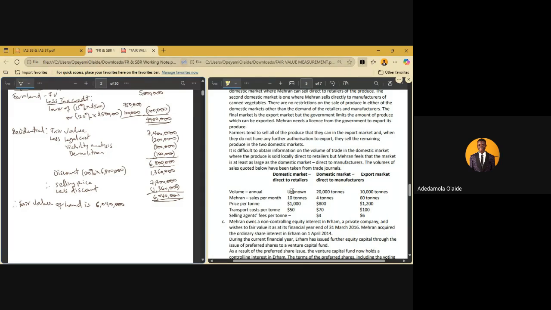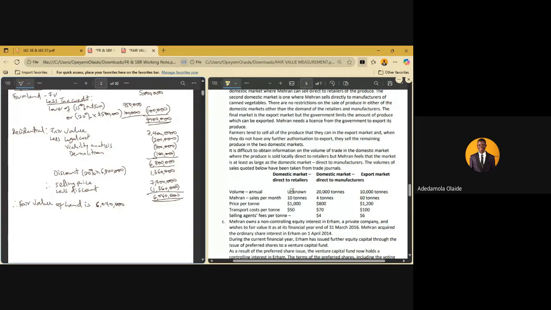It is difficult to obtain information on the volume of trade in domestic markets where the produce is sold locally directly to retailers. But Mirror feels that the market is at least as large as the domestic market direct to manufacturers. The volume of sales quoted below have been taken from trade journals.